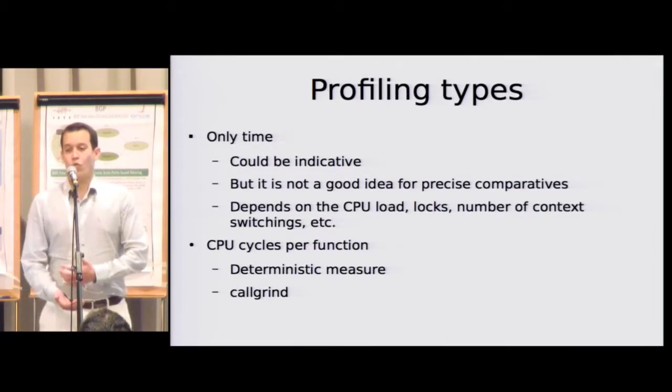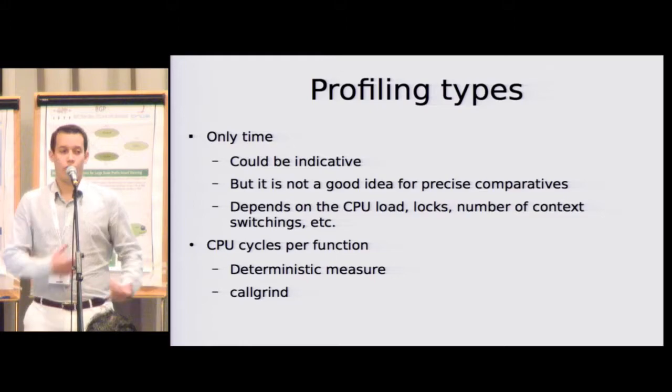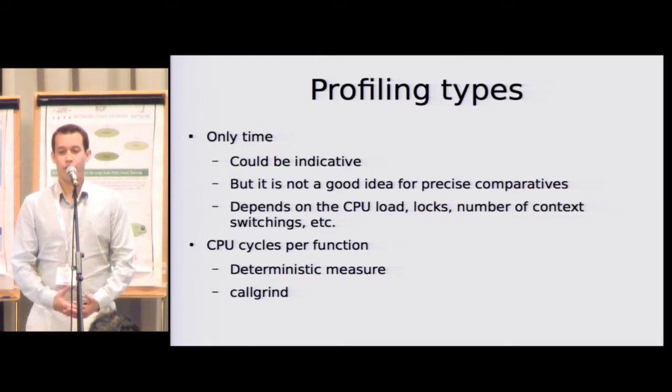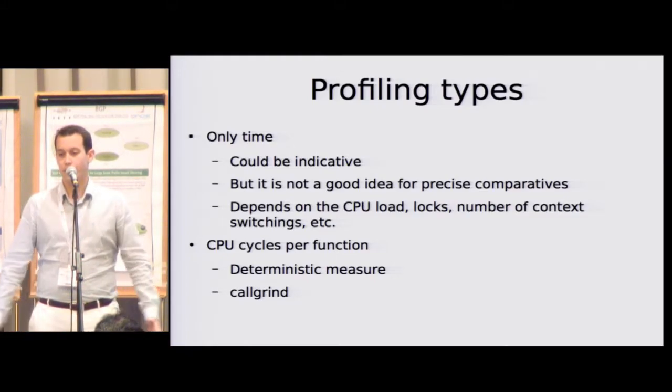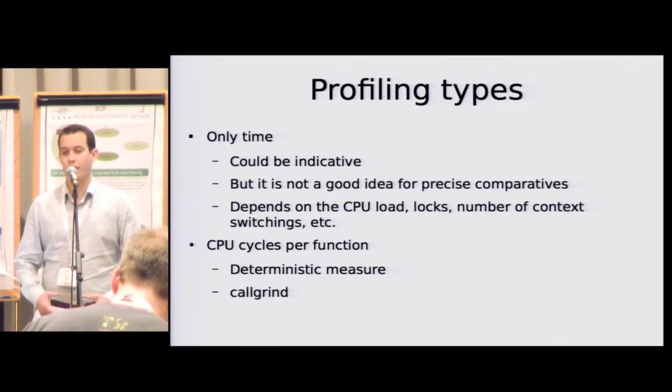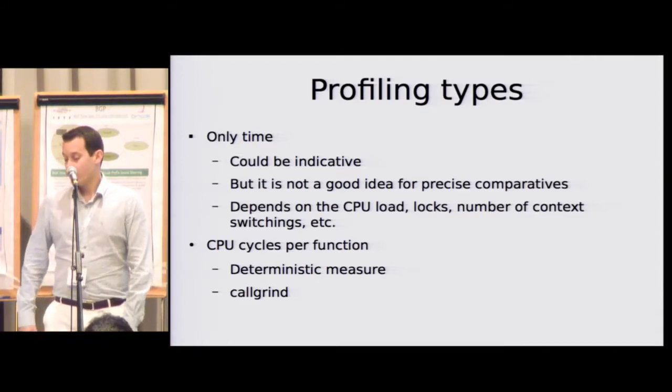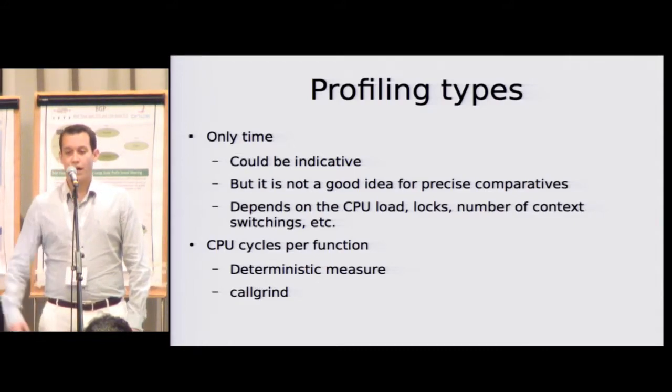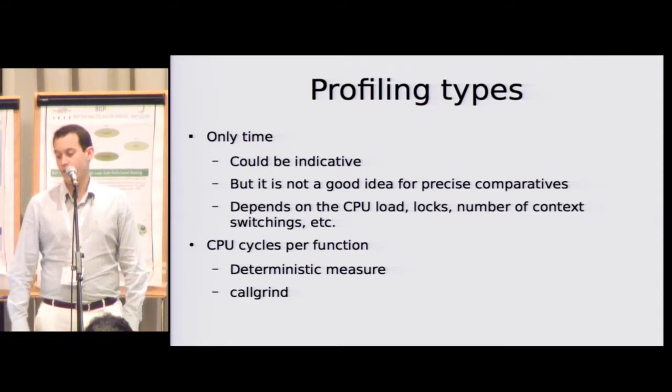Then we wanted to measure the improvement, because for our team the improvement in the systems is quite important. Not only that it works, but also that it works in an efficient way. So we thought about applying basic profiling based on time.